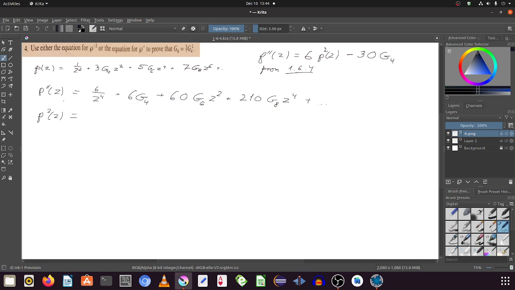We'll just do the lower terms. And the double product of the two first terms, that is 6g4. And the next double product is 10g6. And then z to the fourth.